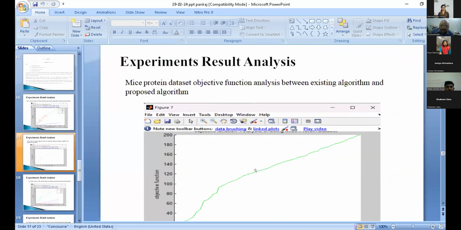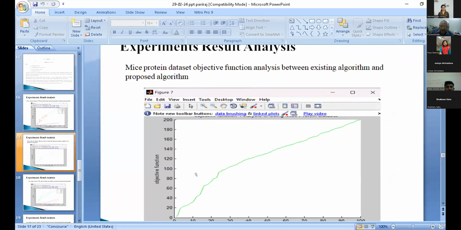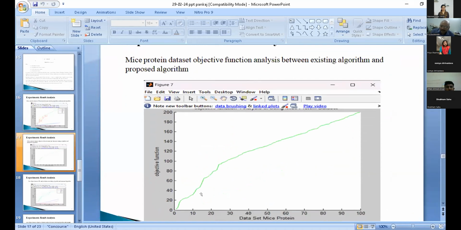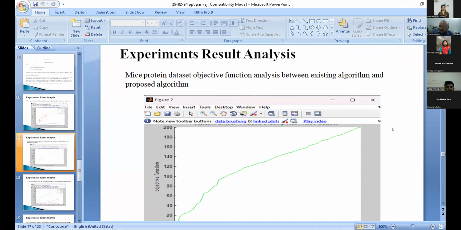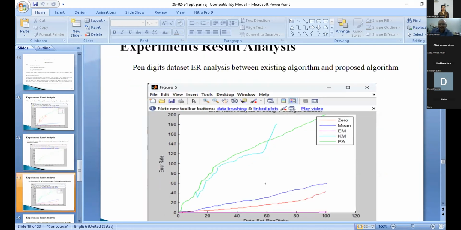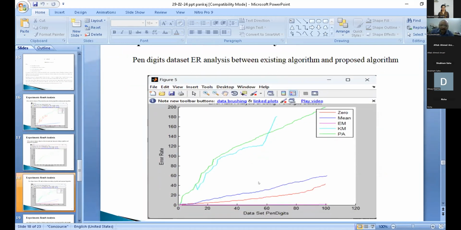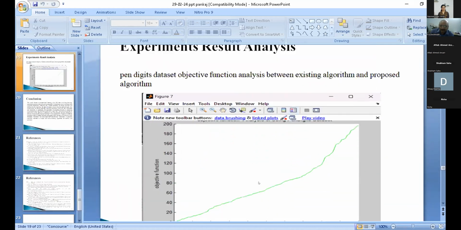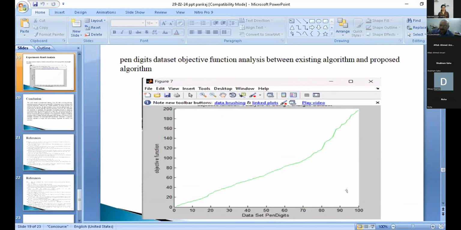Afterwards, objective functions are calculated for the first set. The green shows that the objective function goes on increasing. Objective function is nothing but the accuracy we expect from our results. The second data set also represents the same. Here the two sets are pen digits and mice proteins.